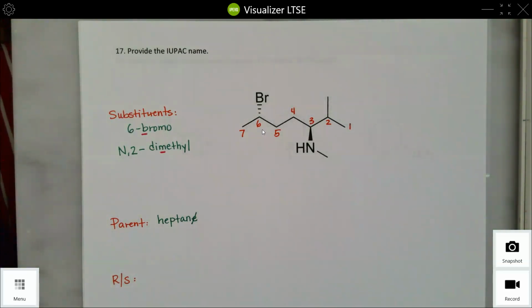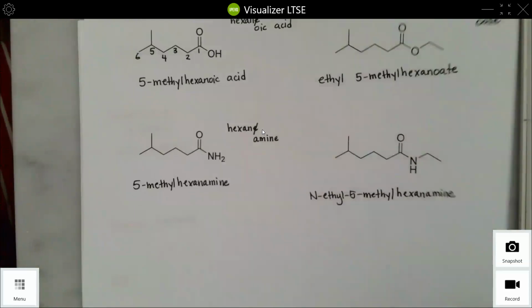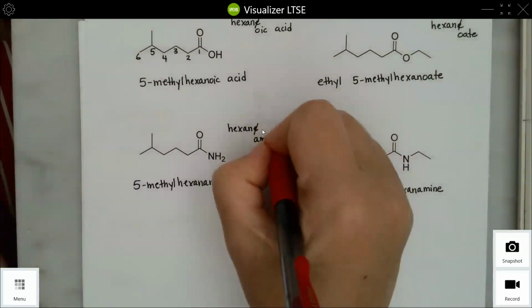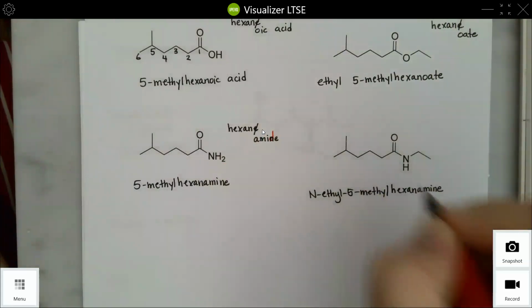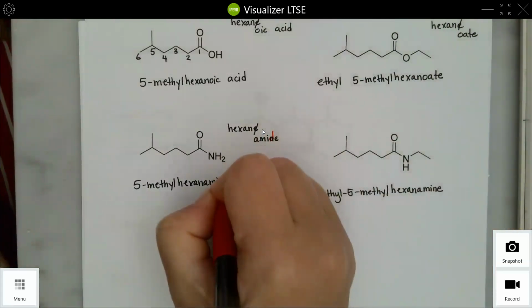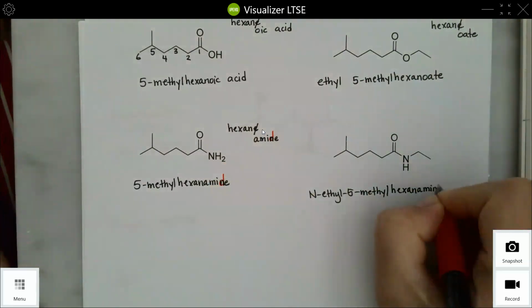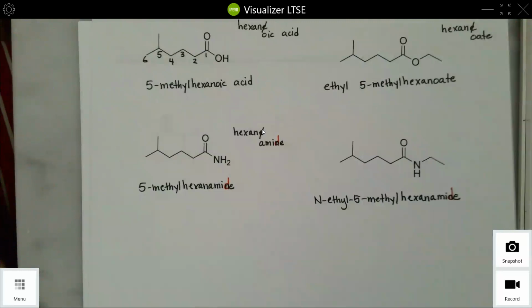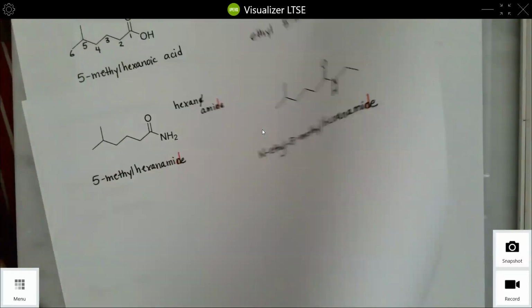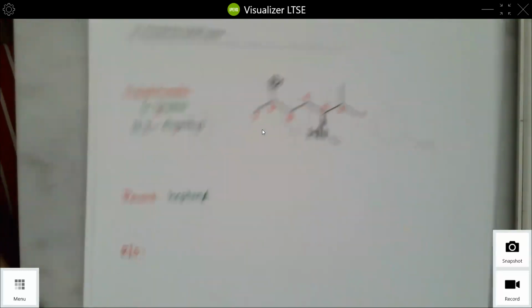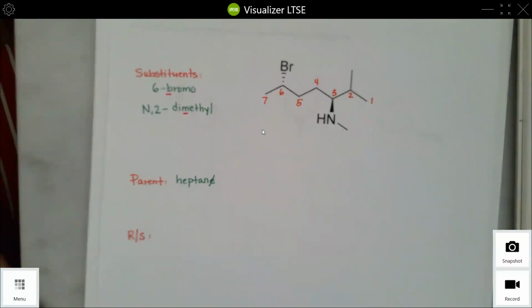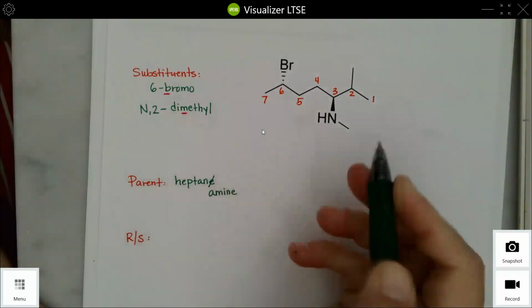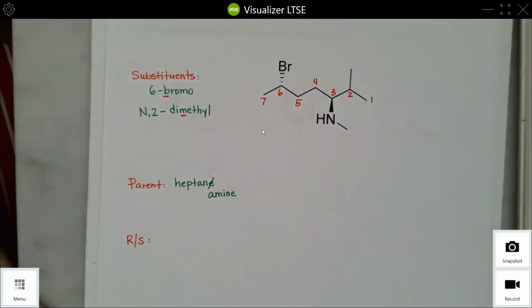I just realized that I messed this up earlier. Okay, sorry. So this is not amine, it's amide. So we're going to end up with hexanamide here. Sorry about that. Okay, moving back to this one. This one is heptanamine. This is an actual amine and not an amide.